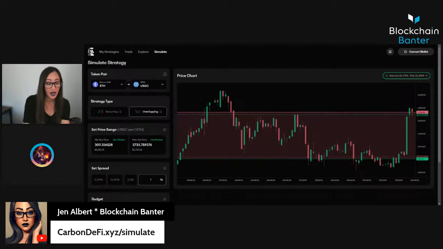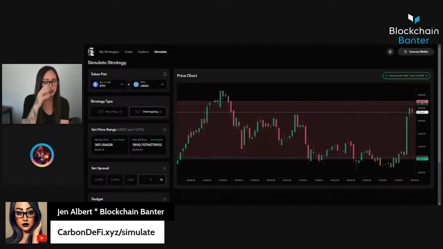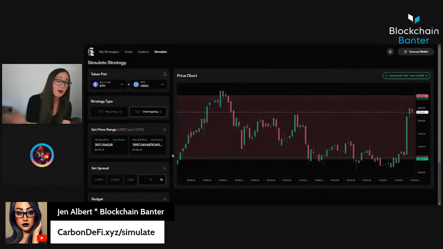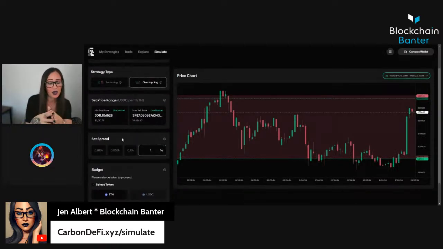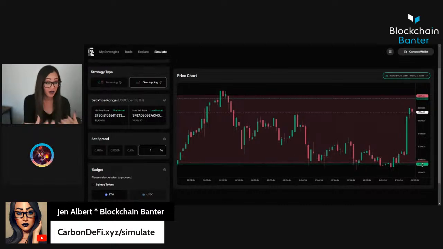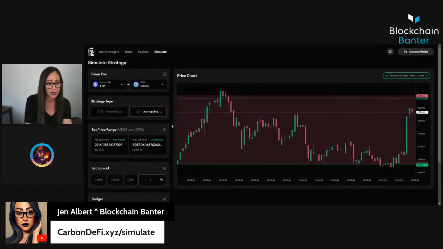So you can see how successful or unsuccessful this sort of strategy might be, like an LP strategy or concentrated liquidity position, and then be able to go back and adjust your spread, right? Correct. Adjust your range, and then find how it actually can be.